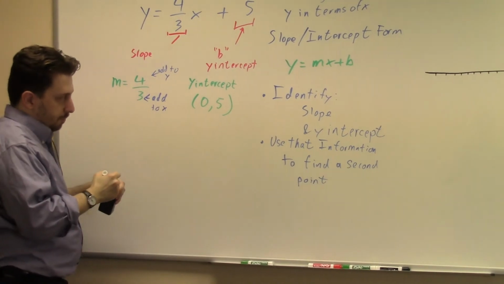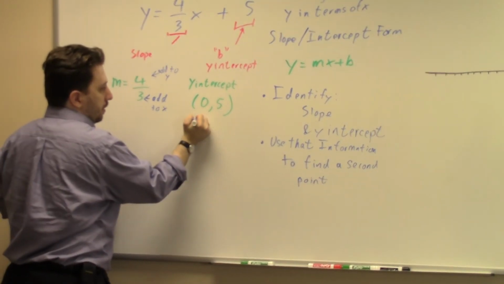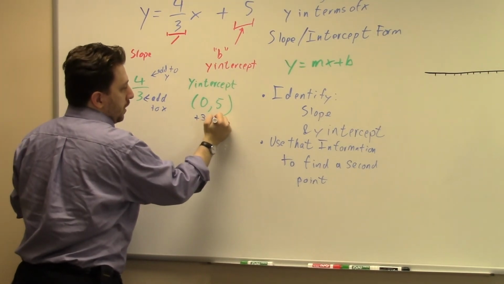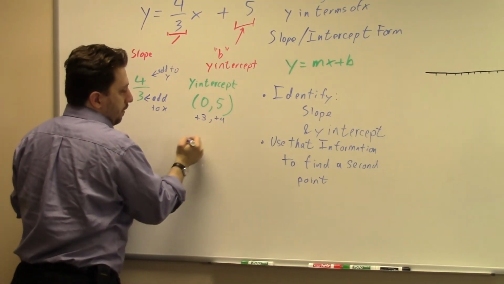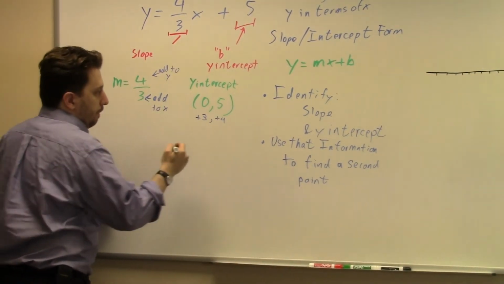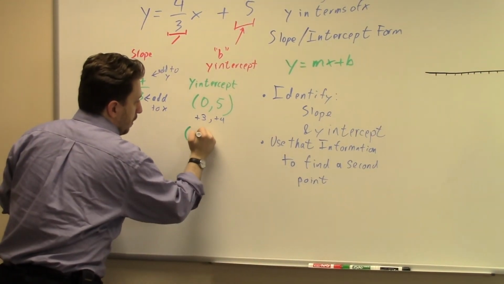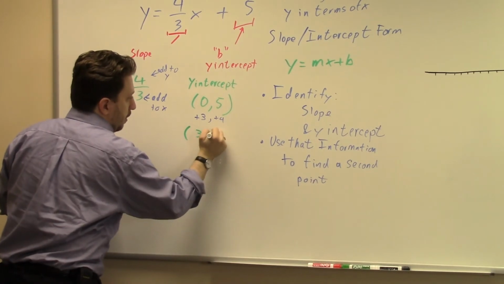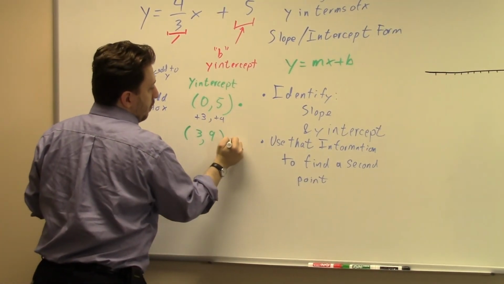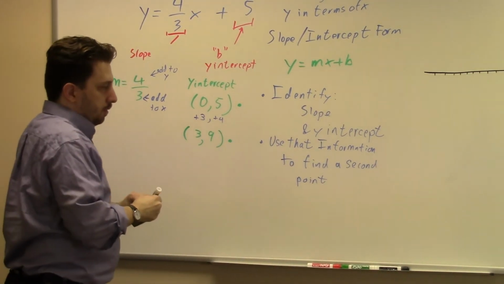So over here, I'm going to add 3 to x, I'm going to add 4 to y, and that's going to give me my second point. So my second point is going to be 3, 9. And these are the 2 points I'm going to need for my graph.